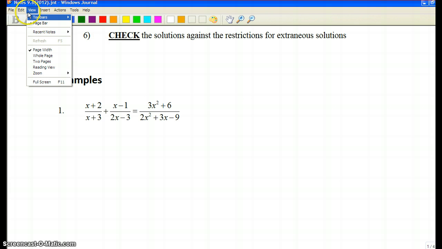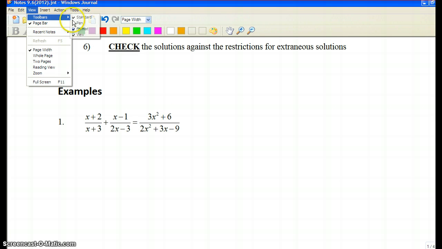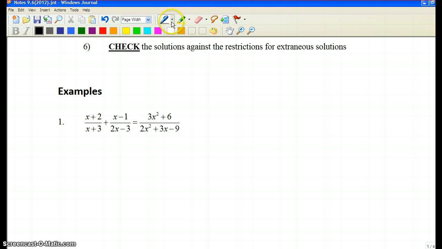What did you guys find to be the least common denominator? Somebody say it. Was 2x minus 3, x plus 3. Now, in order to find that officially, you have to know what this is factored. Right? So you actually have to factor that first.